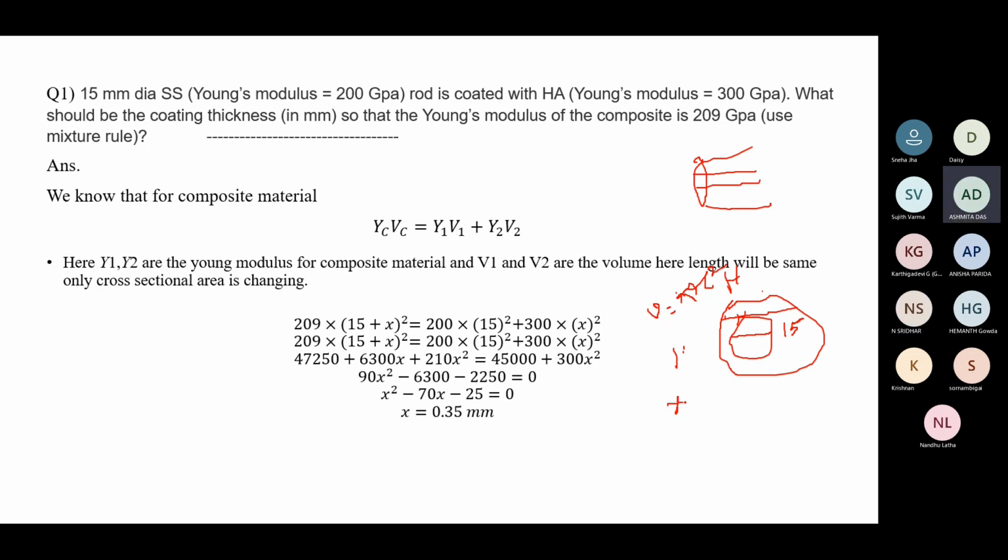So this pi r square formula, if we go by the diameter formula, what is supposed to come?